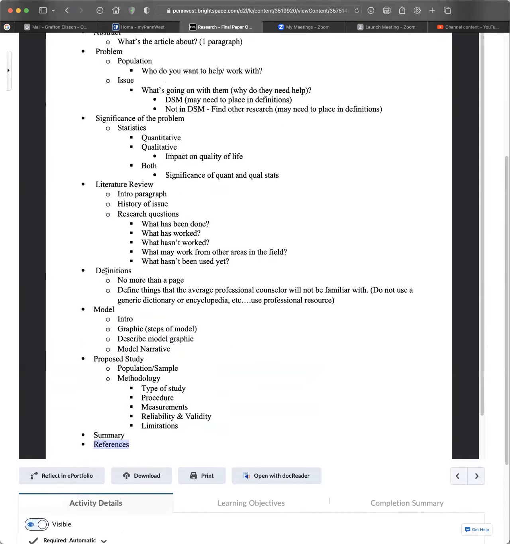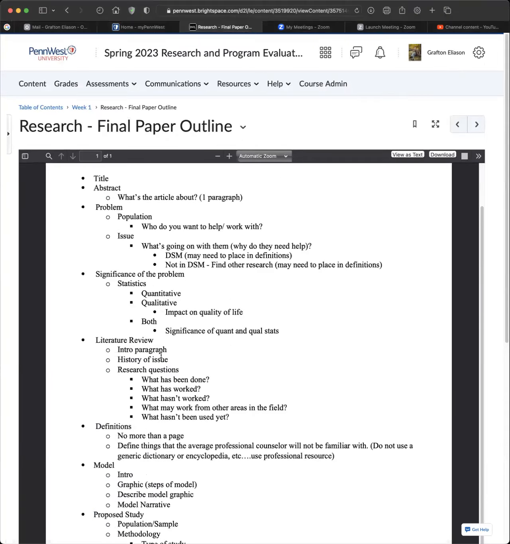So you're not going to do definitions, model, or proposed summary. We're going to do that after spring break. Okay, so you have your work cut out for you. It's going to be between 7 and 11 pages, depending, a minimum of 7 or 8 content pages.